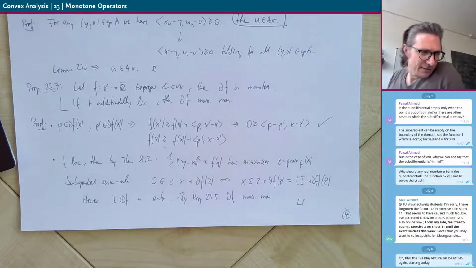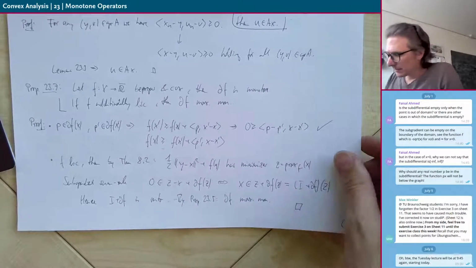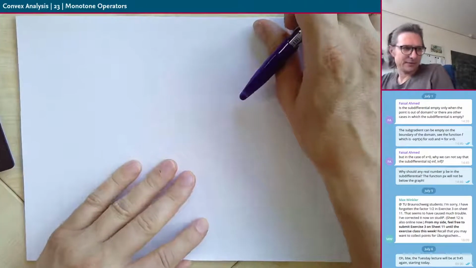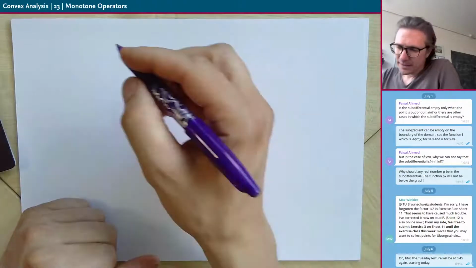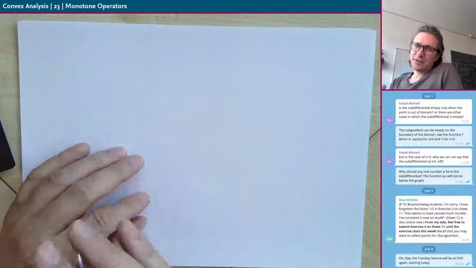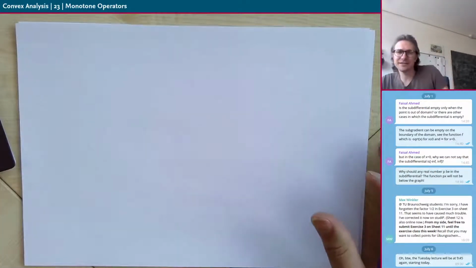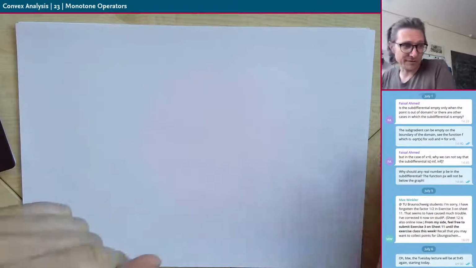Okay, good. So if we now know that subgradients are maximally monotone, we can write down the following. The class of convex optimization problems is actually a subclass of a different class of problems, namely the so-called monotone inclusions.